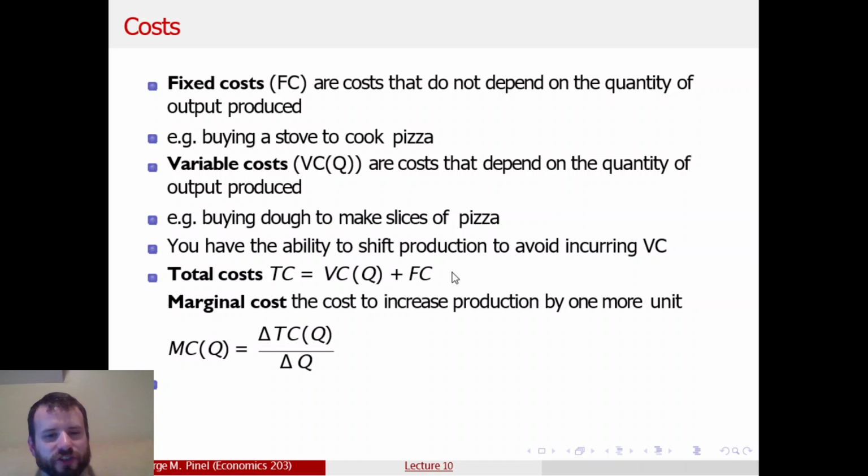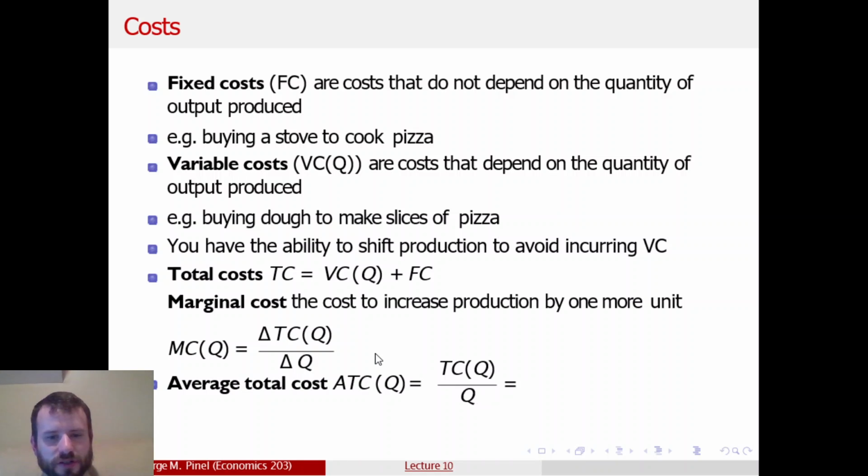So anyway, marginal cost is the change in total cost divided by your change in quantity. This is differentiated from your average total cost, okay, which is your total cost divided by your quantity. So this is change in, this is not. The distinction matters: marginal cost versus average total cost.